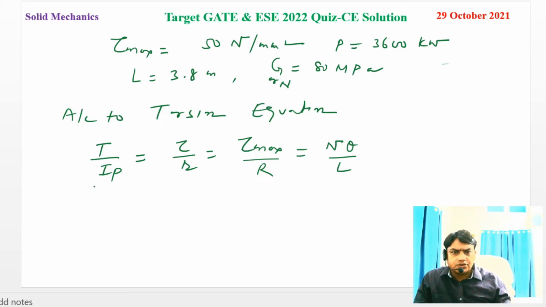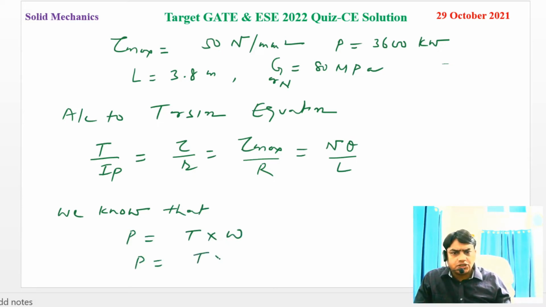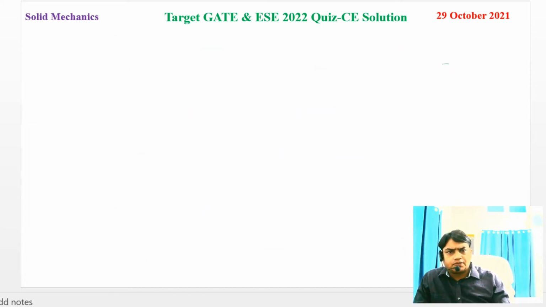Firstly, we have to find the value of torque. We know that power is equal to torque into omega. So P can be written as T into omega, where omega is 2 pi N by 60. Power is 3600 into 10 to the power 3, equal to T into omega, with N equal to 210 rpm.